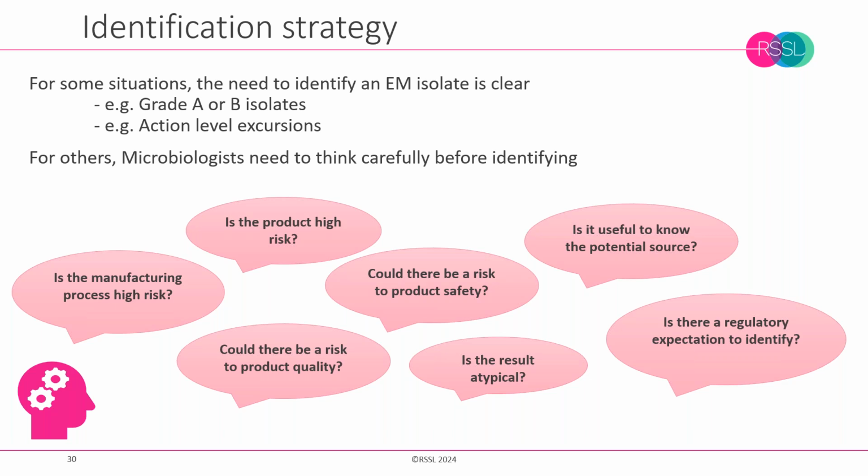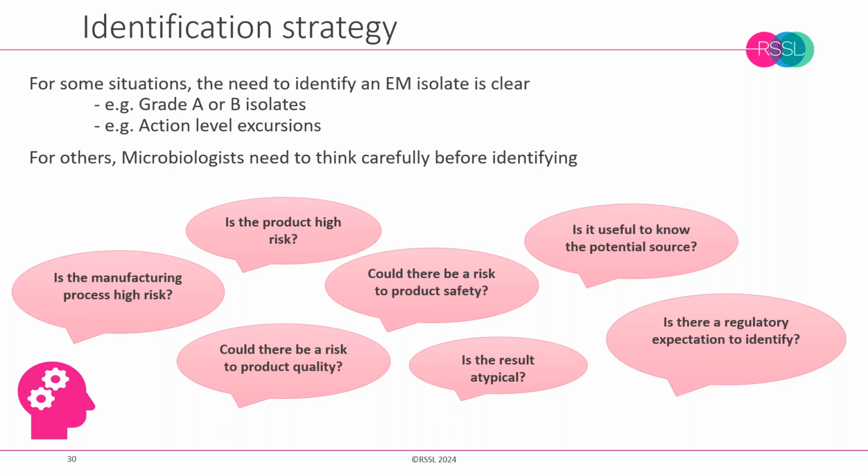But when we come on to non-steriles, or if we're steriles on non-steriles and we have grade C and grade D or unclassified areas, how many do we want to identify? And if we have a strategy that is just based around let's just do everything over action, but we don't have many action levels, then we're probably not doing enough identifications in order to gain an understanding of the characterization of the microorganisms, and then we won't know if we're slipping with cleaning practices, transfer, disinfection, staff behaviours, or so on.